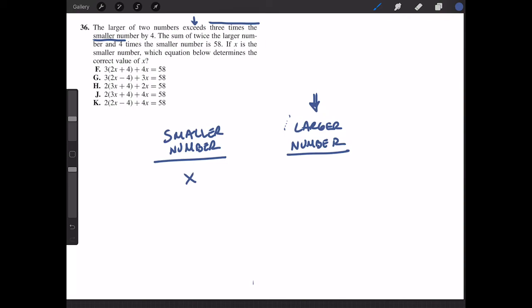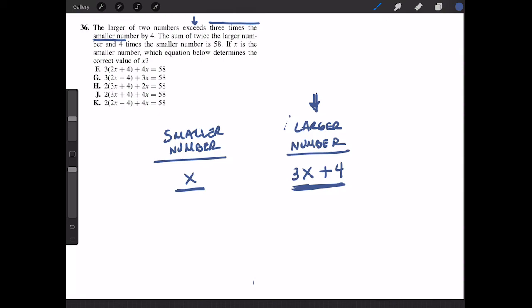In other words, this larger number is equal to 3 times the smaller number plus 4. Think about it. So 3x plus 4 would give you the value of that larger number, again using x to define the smaller number.